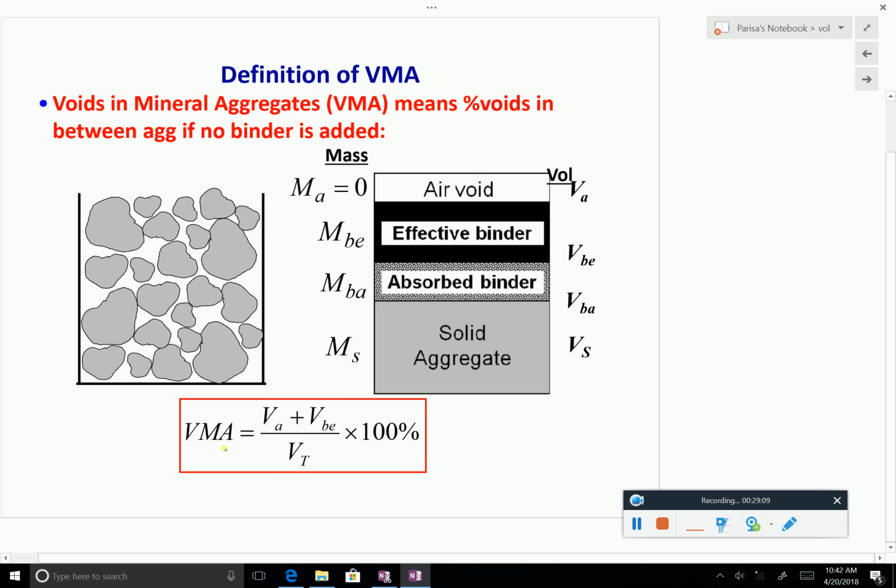There is another one, VMA. This is voids in mineral aggregates. And here you add the effective binder volume to the volume of air.